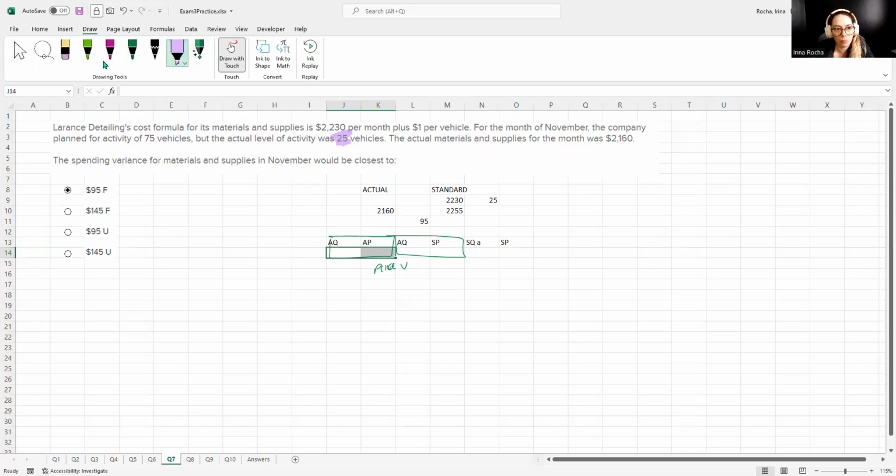The difference between those two is the quantity variance, or efficiency variance. The difference between these and these is the spending variance, and that's what they are asking for.